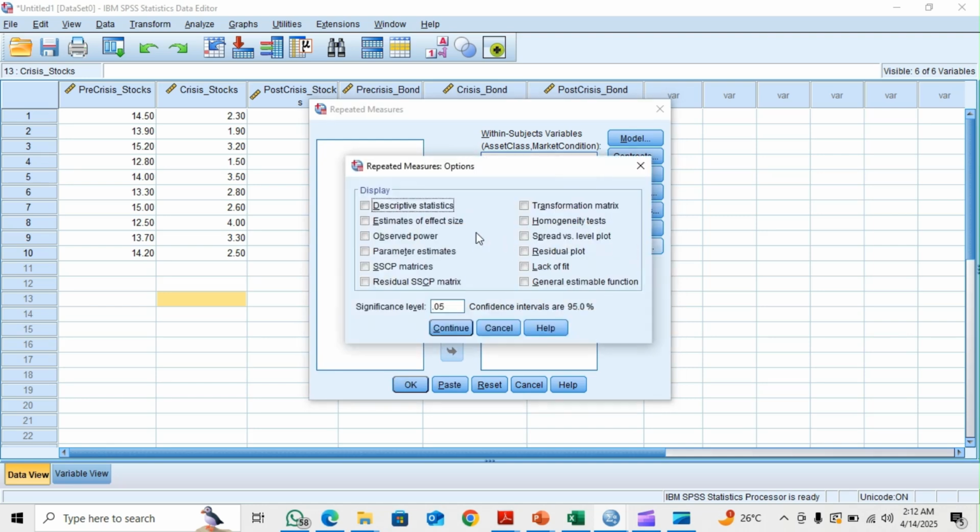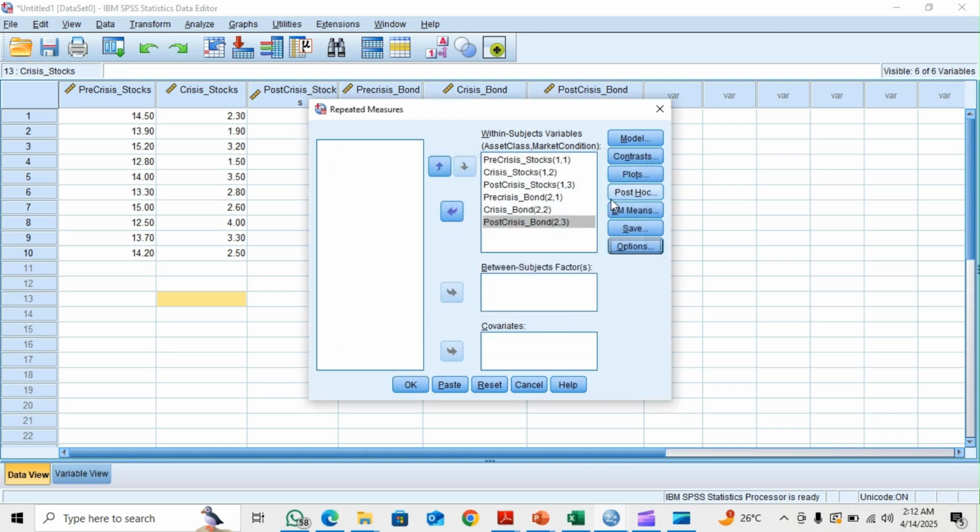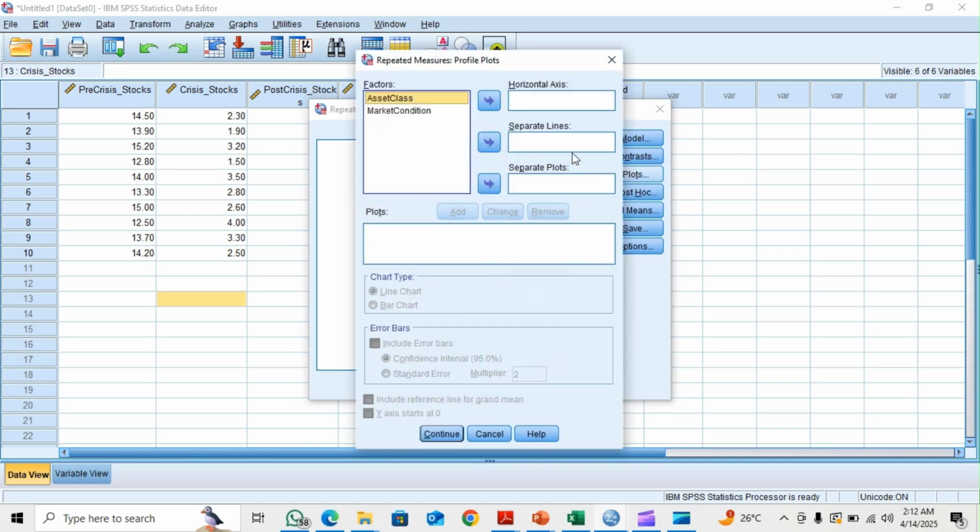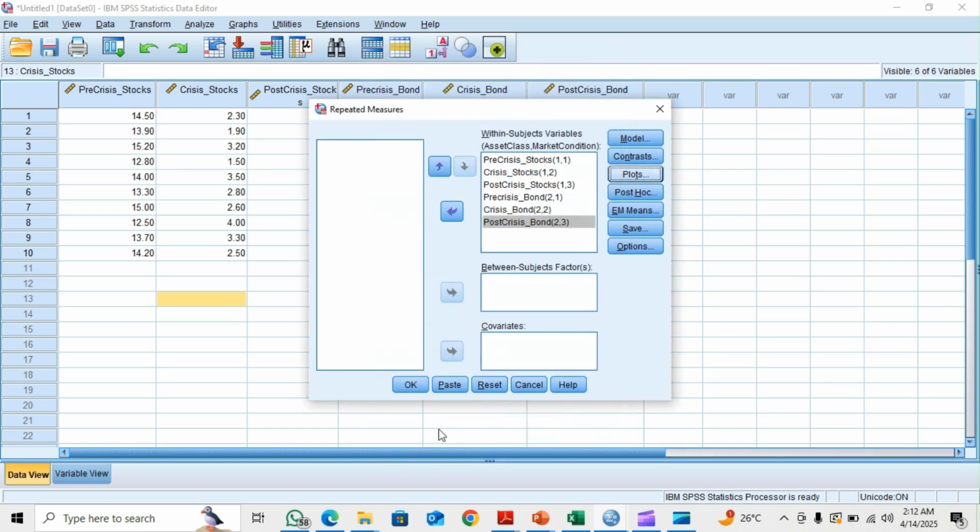I'm going to go to Options and select descriptive statistics and homogeneity tests, and I'm going to put in the plots. I'll put the asset class on the horizontal axis and market condition in separate lines. Add it and continue.